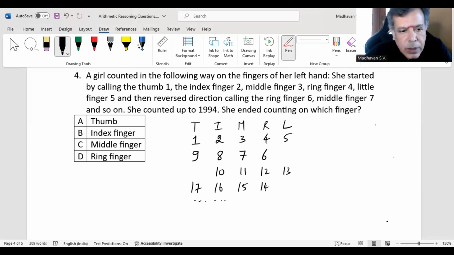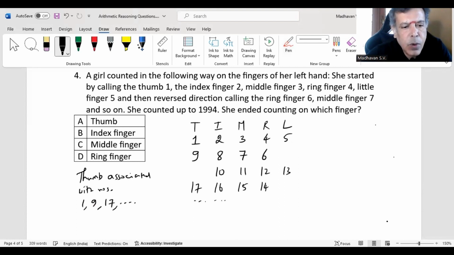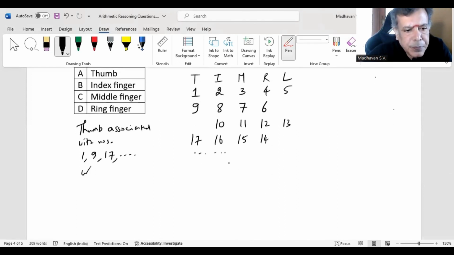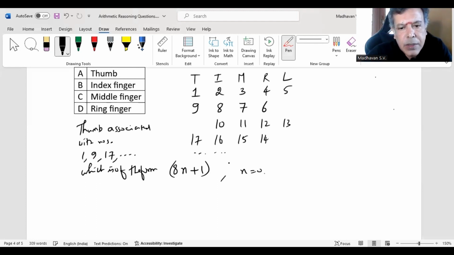Now, we may note the thumb is associated with the numbers 1, 9, 17, and so on, which is of the form 8 times n plus 1, where n ranges from 0, 1, 2, and so on.